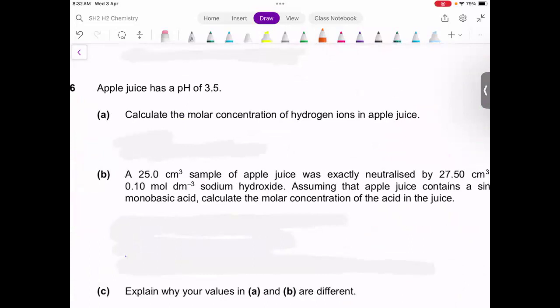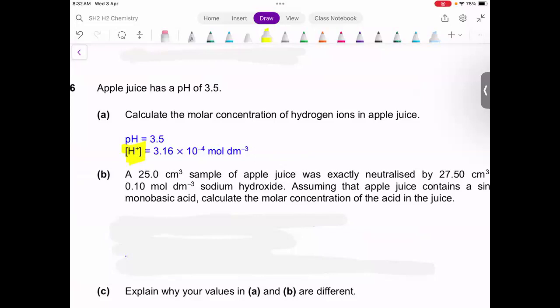Okay, so question 6a is very straightforward. We just calculate. So can someone tell me what is the significance of this H plus concentration?